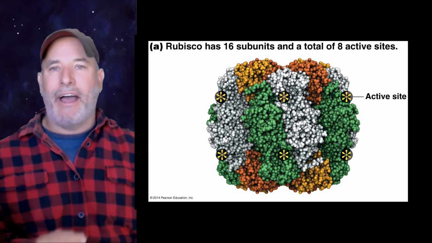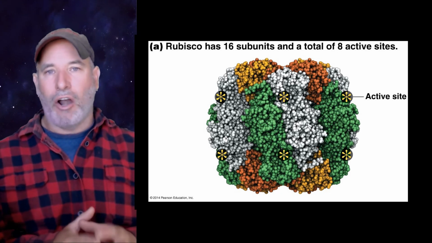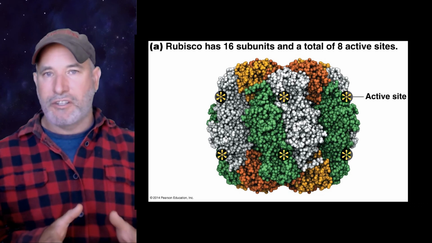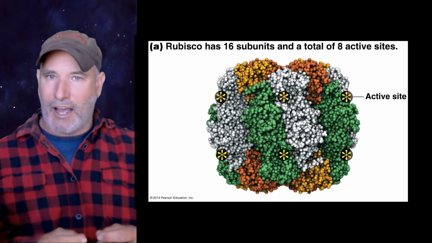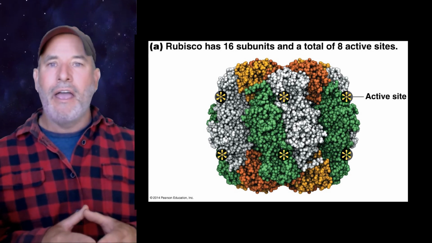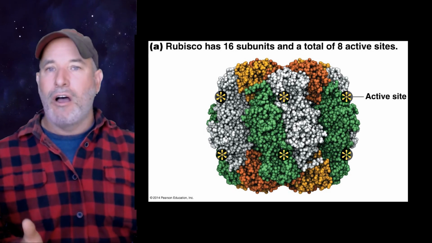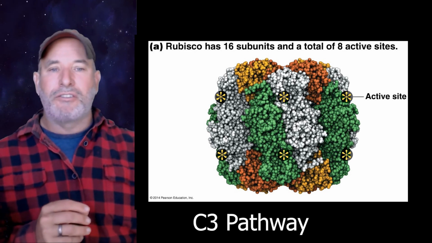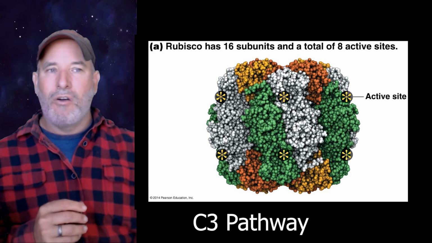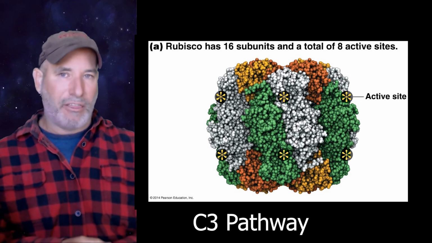One other thing here. When Rubisco adds carbon dioxide to RuBP and it forms a carbon compound, that carbon compound, like I said, just doesn't last. It's really, really unstable. And it immediately splits into two 3-carbon compounds. And because it splits into two 3-carbon compounds, we call that a C3 pathway.